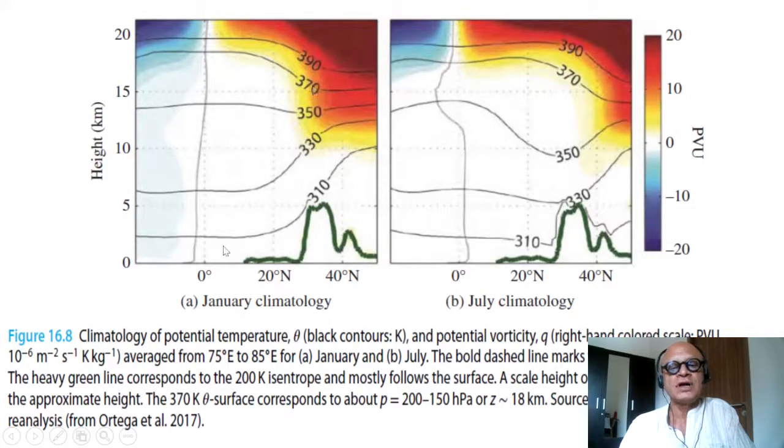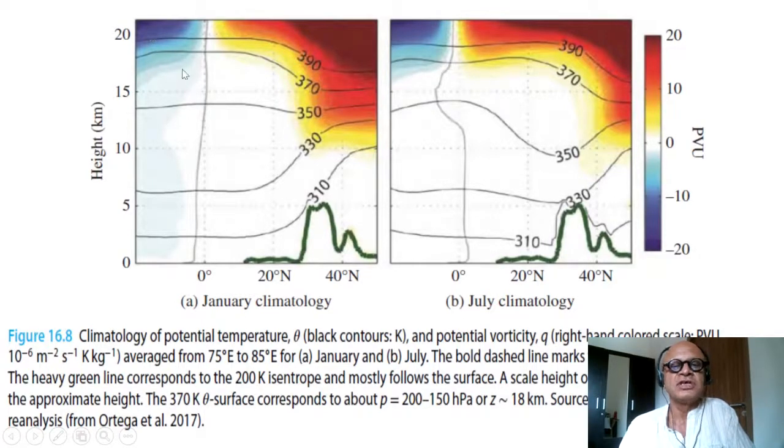isentrope, and the lower level isentropes obviously intersect the tall features like the Himalayas and the Tibetan Plateau, which you can clearly see here. So this is showing January climatology and July climatology going from the southern hemisphere into the northern subtropics.